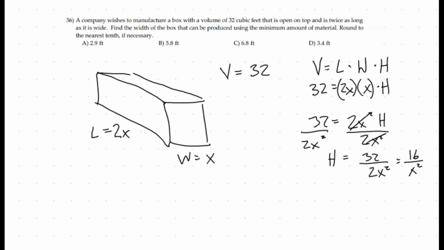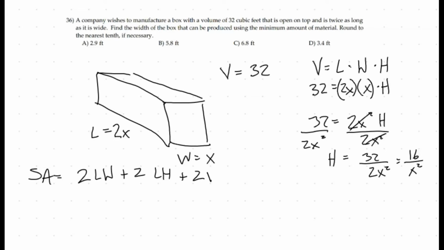So we've got something now that we can work with for h, and we'll be able to plug that into the area formula. Now, as far as area goes, the surface area of this is made up of, usually for a rectangle, the formula for surface area would be equal to 2LW plus 2LH plus 2, let's see, which one are we missing?